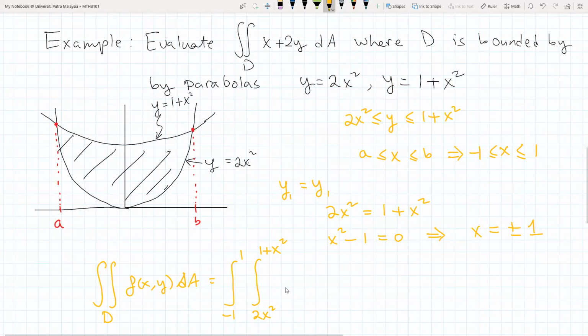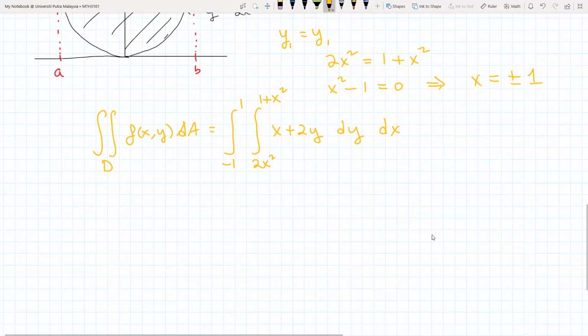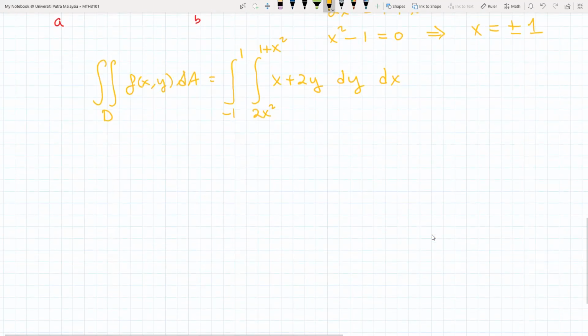X plus 2Y dy dx. Okay, rasa boleh selesaikan tak benda ni? Can you solve this? Or mungkin one example maybe I can show you.